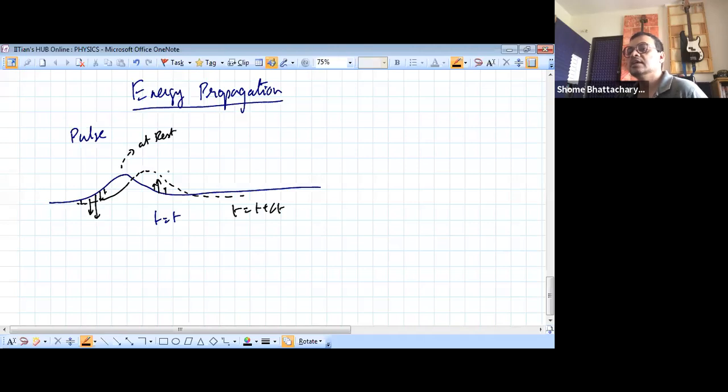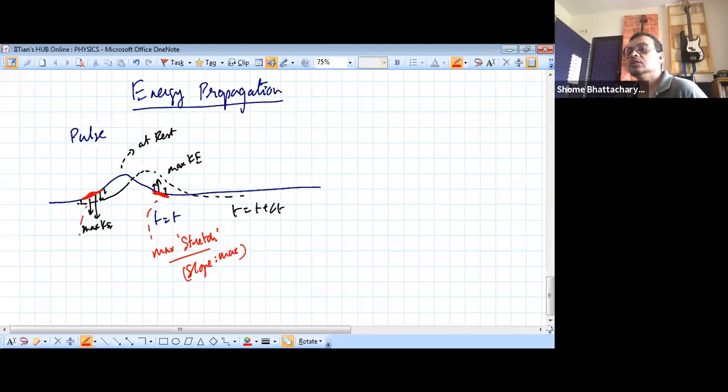Whereas these are having maximum kinetic energy. These are having maximum kinetic energy. Now also in terms of stress, you will see that this part of the thread is under maximum stress. This part of the thread is under maximum stress because there is maximum stretch over there. Because we saw that the slope of the thread is maximum.